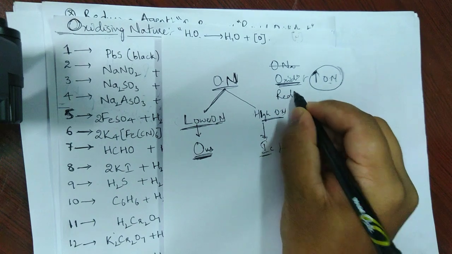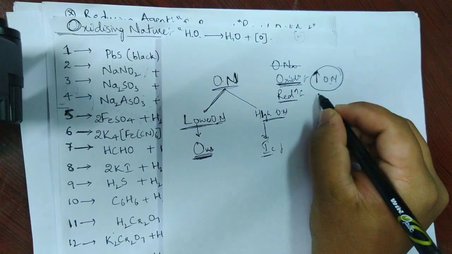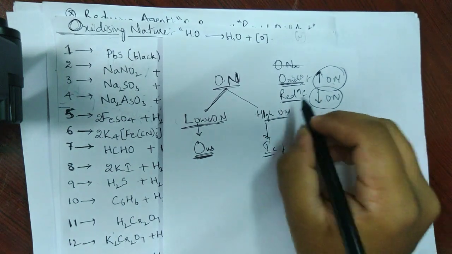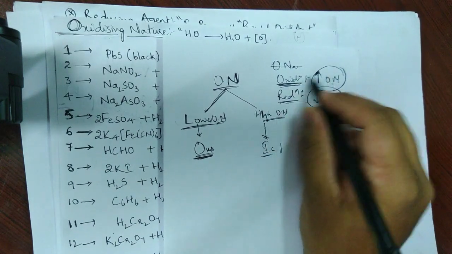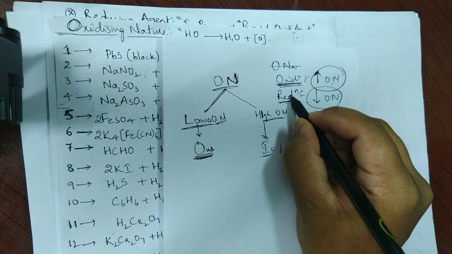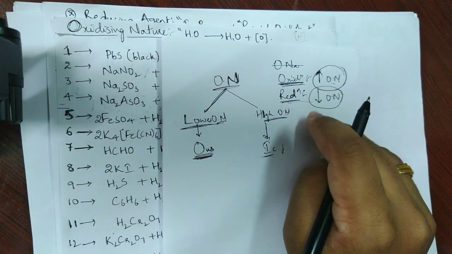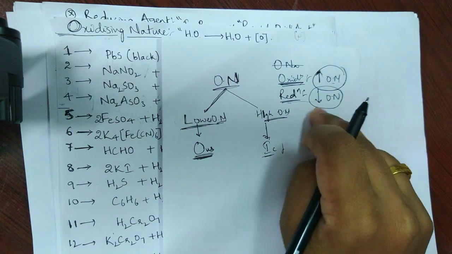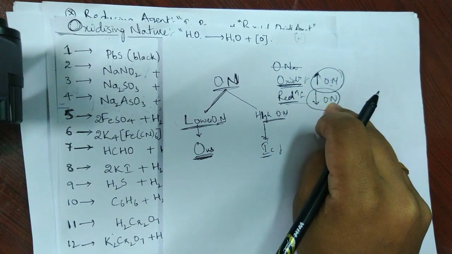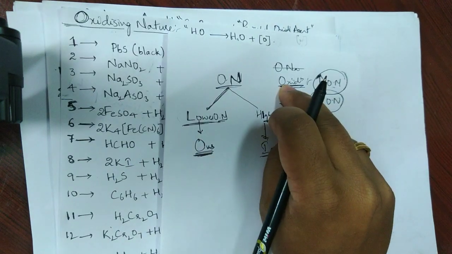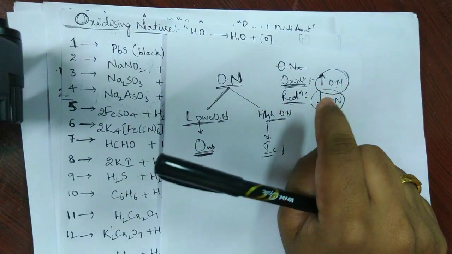What is reduction? A decrease in the oxidation number is reduction. If you understand this, it will automatically be remembered. Reduce means decrease only, no? So decreasing the oxidation number is reduction, increasing the oxidation number is oxidation. So I said 2 points, I hope you have understood.